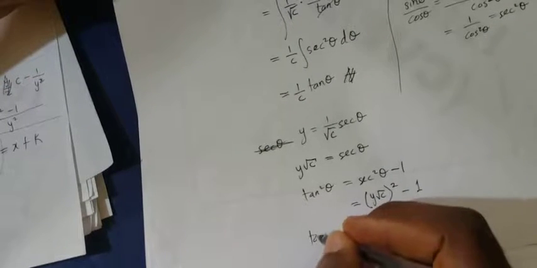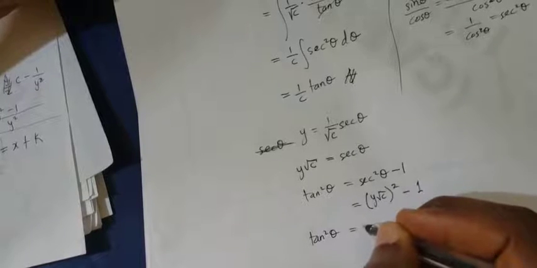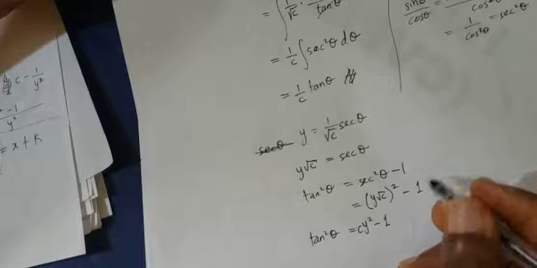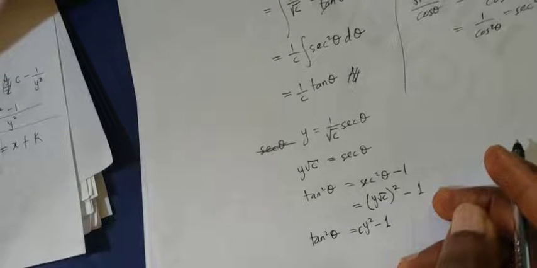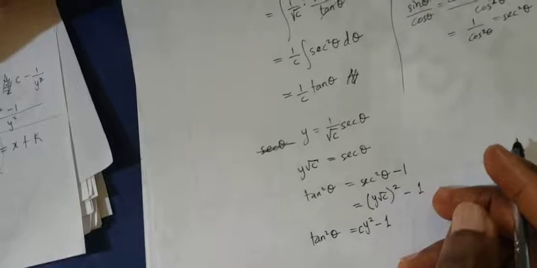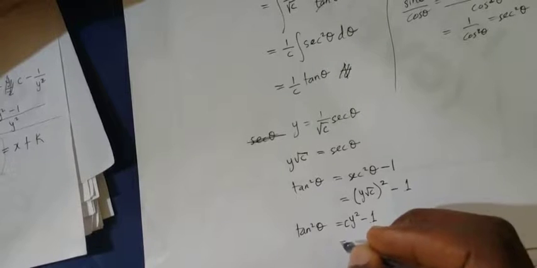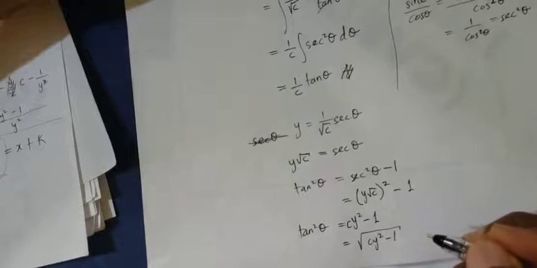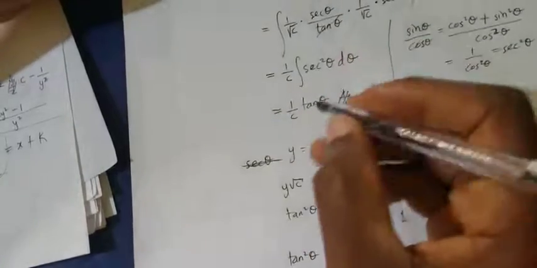So tan squared theta is equal to cy squared, then minus 1. Cy squared minus 1 sounds familiar. Then that means tan theta will be the square root of cy squared minus 1. Okay, so these are our results.